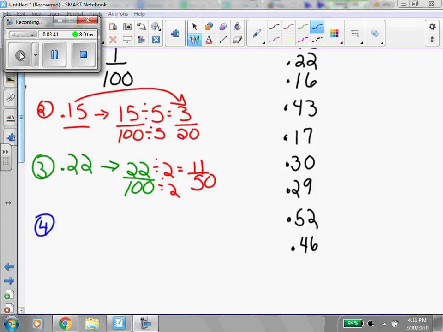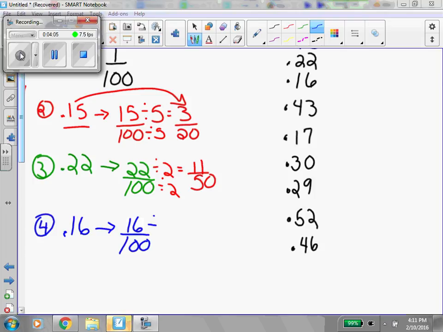So the fourth one, that happened to be Grace, and her reaction time was 16/100ths of a second, or 0.16. So to turn that decimal into a fraction, we're going to write 16/100ths, which is the same thing as 0.16. And then with that, we can simplify this.